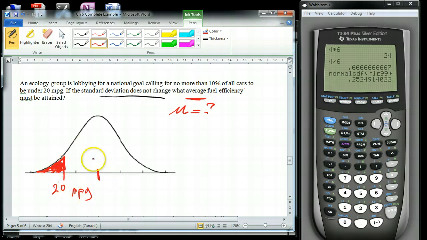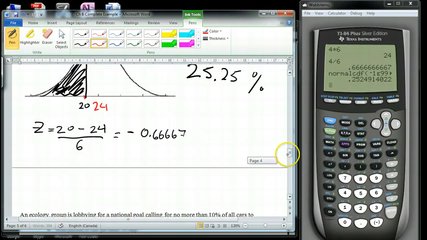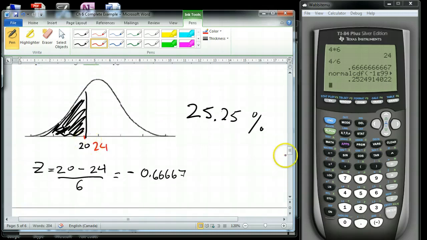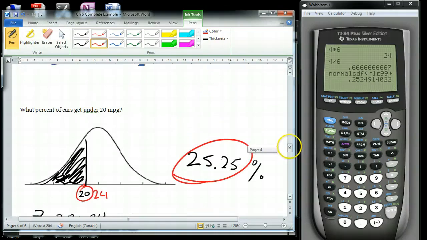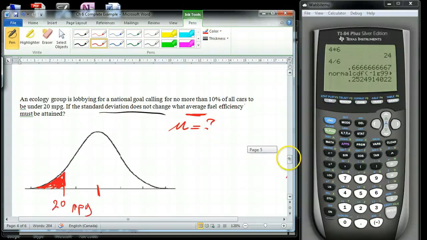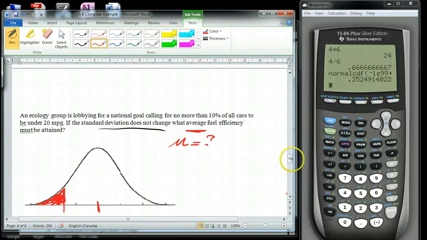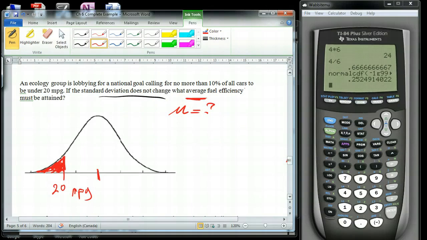We just calculated in the previous question that 20 miles per gallon corresponded to 25% of the vehicles. So this ecology group says that's too many cars. That means there are lots of big trucks on the road using up lots of gas, big gas guzzlers. So they want this to be 10%.